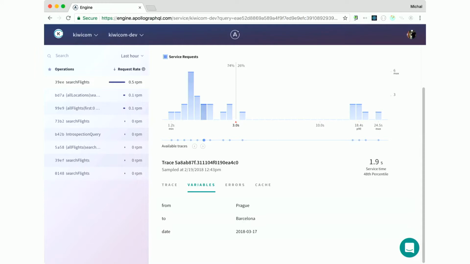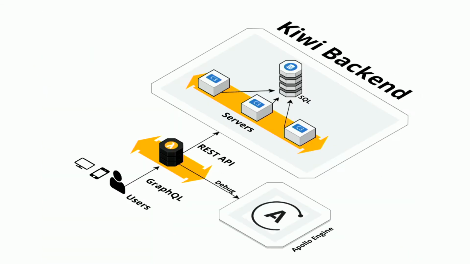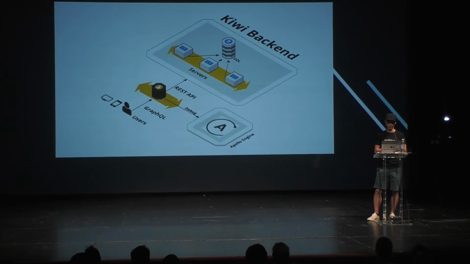So if we want to optimize something, we go into Apollo Engine, see what takes too much time, and optimize if it's worth it. And again, there was no need to incorporate Apollo Engine because you just simply push data from the GraphQL proxy to Apollo Engine, and there is no task for backend guys to perform, which is always a good idea.